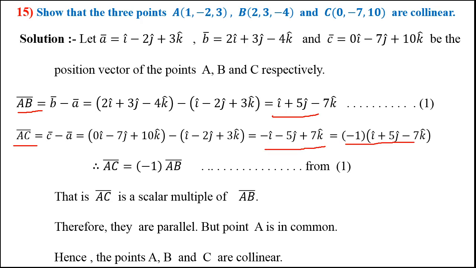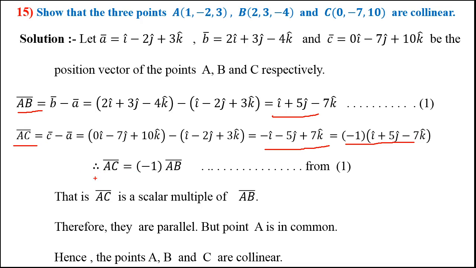We observe that AB bar and AC bar are very much similar. Only change of sign is there. So we take -1 common from this and get AB bar in AC bar. That means AC bar is -1 times AB bar.